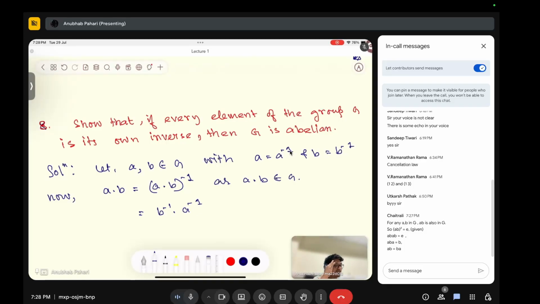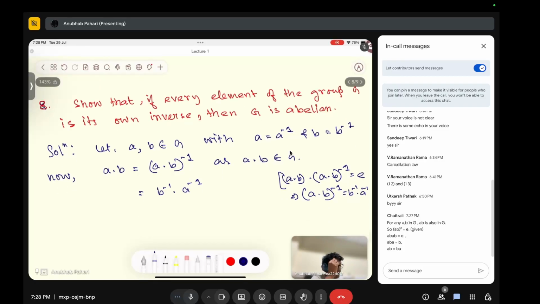This is because, I mean, this is simply you take a dot b dot (a dot b) inverse, which should be e, right? And you just take left cancellation two consecutive times and you'll see that it should be b inverse dot a inverse.